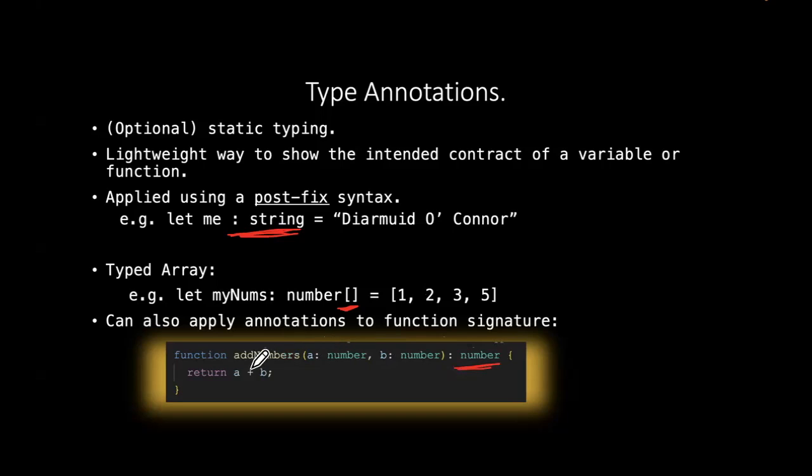And if you look at the actual body of the function, which is trivial, it is actually returning the summation of a and b. And of course, that expression is going to be a numeric expression, or the result of the execution of this expression is going to be a number, which is why over here we're saying that the return type of this function is number. But for now, anyway, all we're saying is that this type annotation syntax can be used in function signatures as well.